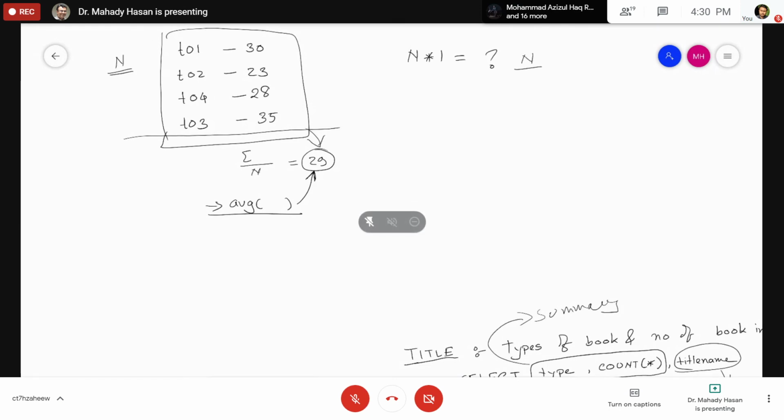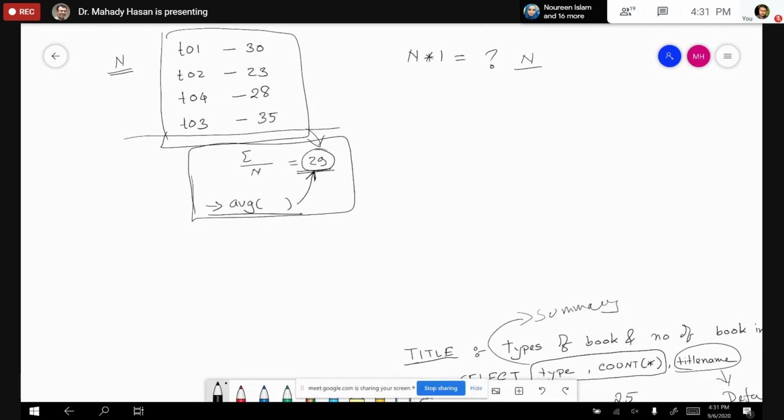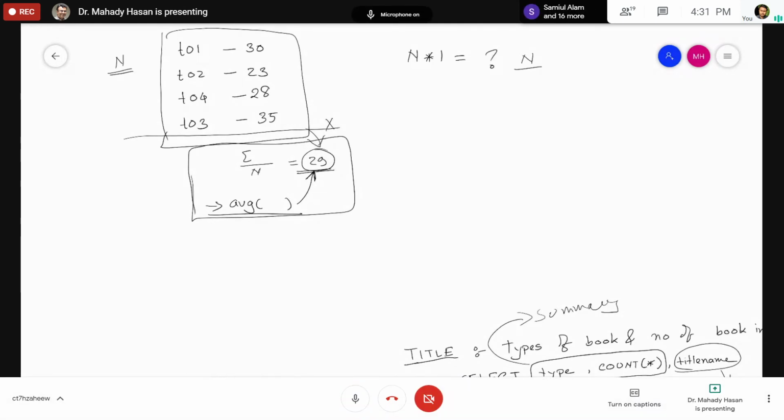Now think about it. If we assume this average price is a table, and if we have this table and this table side by side, that means Cartesian product, what will happen? Sir, n. Then we can show all the data, whether the Cartesian product will increase the size of data.